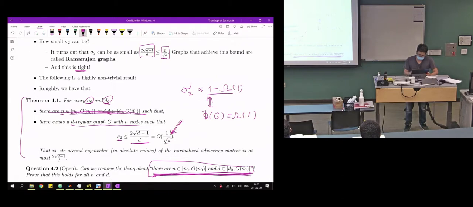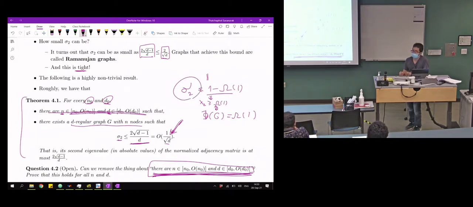But here it's not just strictly less than 1, it's way less than 1. Note that sigma 2 less than 1 implies that lambda 2 is more than some constant, and this is not if and only if. And this is now if and only if, because sigma 2 is about lambda n as well. Here you're talking about the normalized adjacency. Right. Thanks.